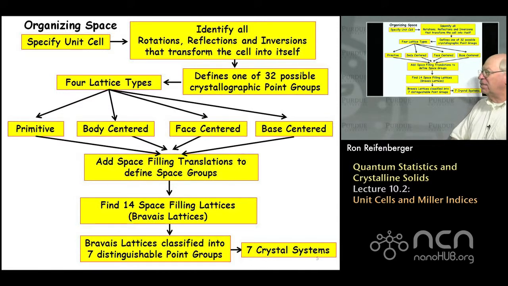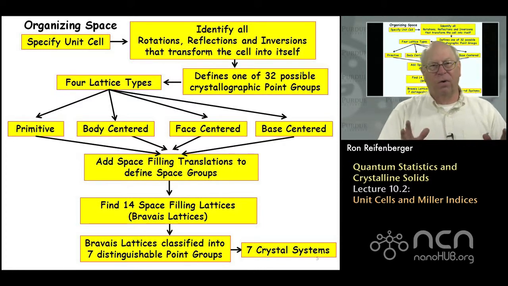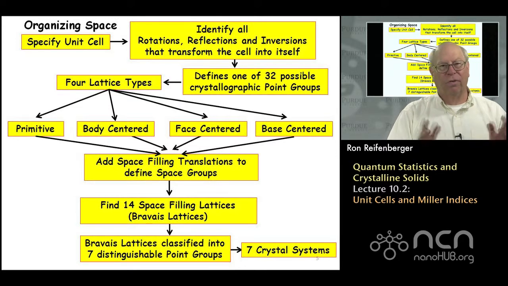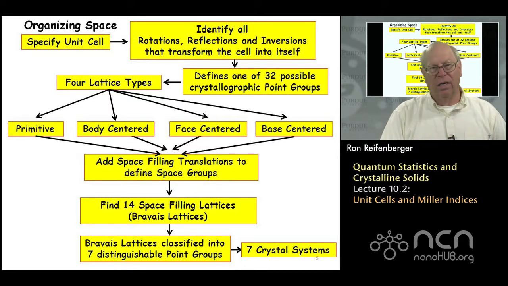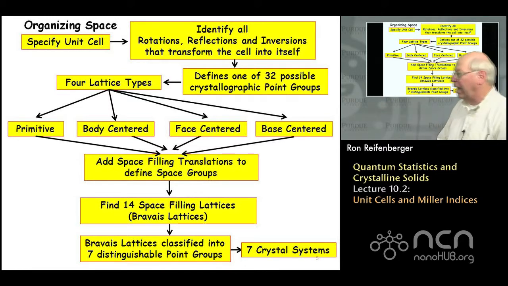From all these possible lattice types and unit cells, you, at the end of the day, find out there are only 14 different space-filling lattices that can be defined, and these 14 space-filling lattices are referred to as Bravais lattices. So Bravais was a crystallographer back in the 1850s who came up with this system.